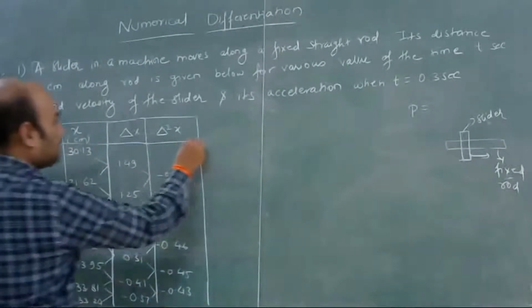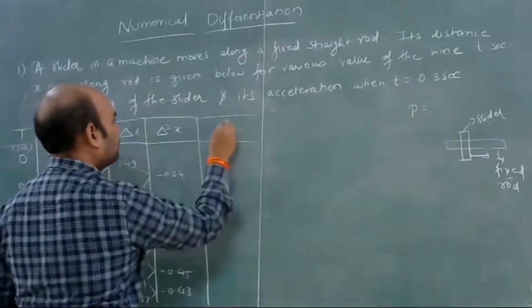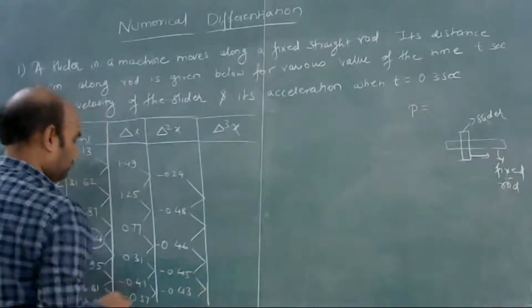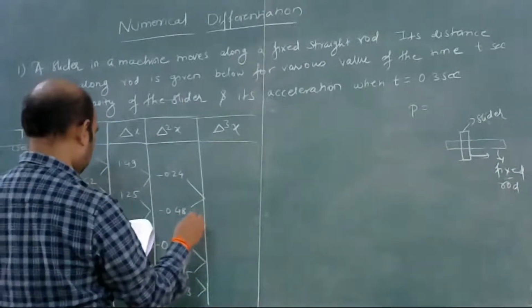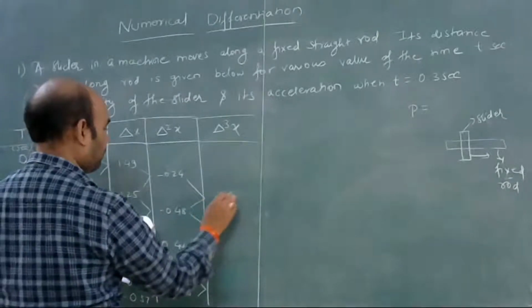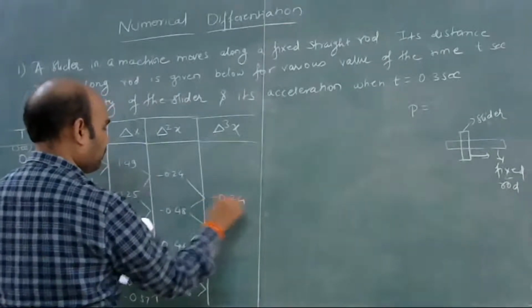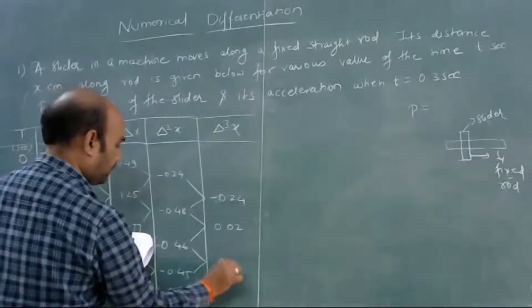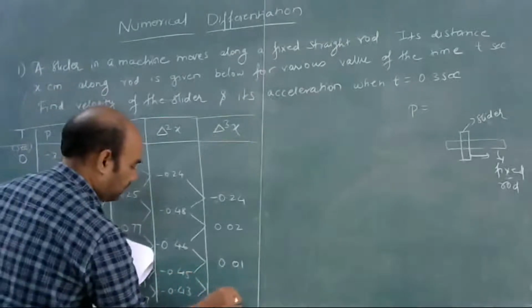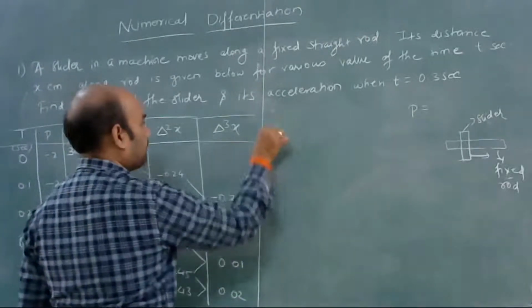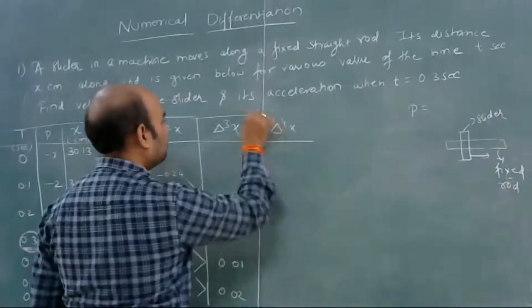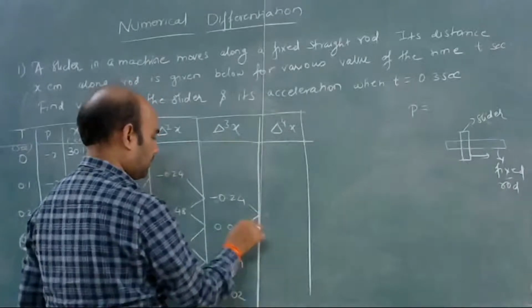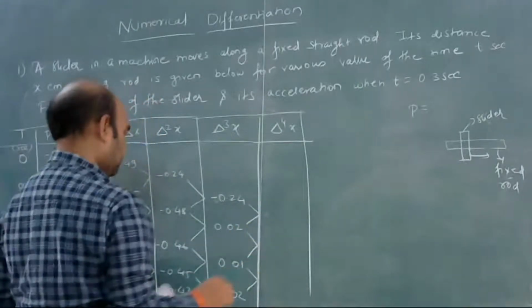Okay. Then third difference. Difference of these two, and these two. So this is minus 0.24, 0.02, 0.01, and 0.6. Then fourth difference. This minus this, and this minus this.